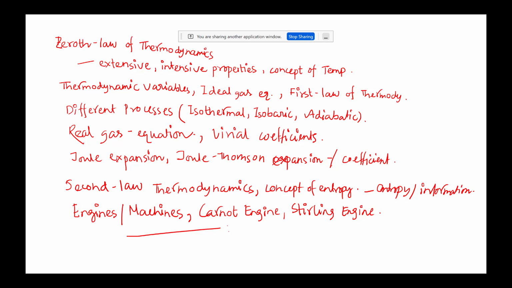So far these things are complete. So today all the problem sets will be an amalgamation of all the concepts of these 5 lectures, and we'll talk about these things.